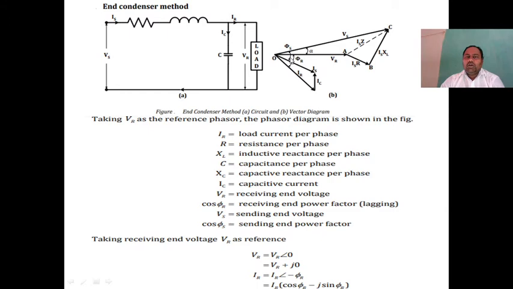So how can you get the sending end voltage Vs? Vs is nothing but Vr plus Is into Z drop.